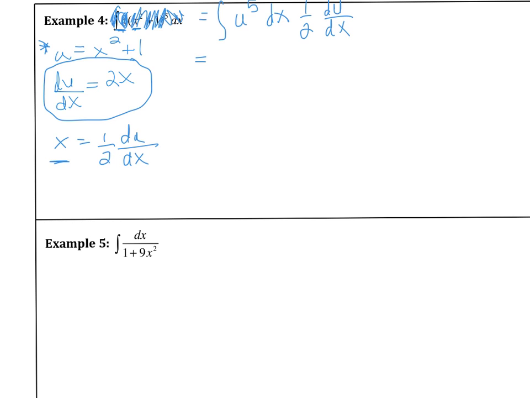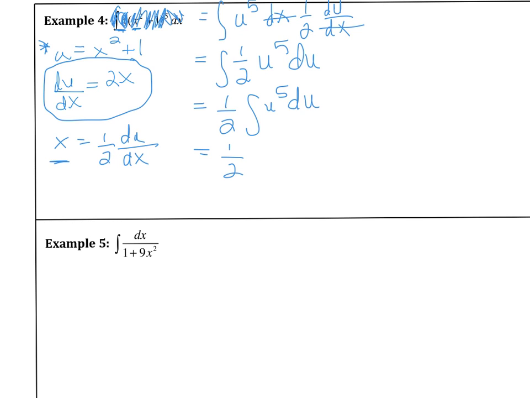Let's clean this up. The dx's cancel, and so then I just have 1/2 u to the 5th du. The 1/2 is just going to come out as a scalar multiple. That's not a big deal. Then let's integrate u to the 5th.